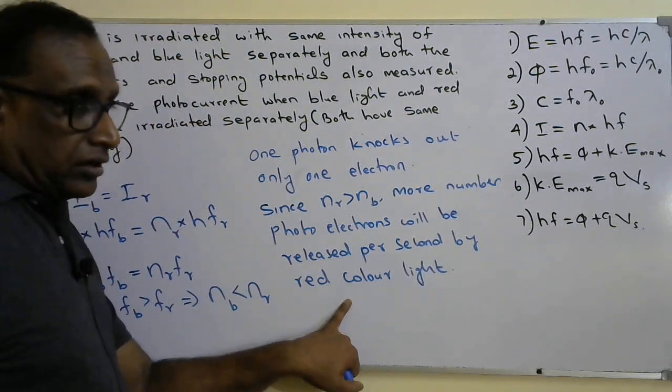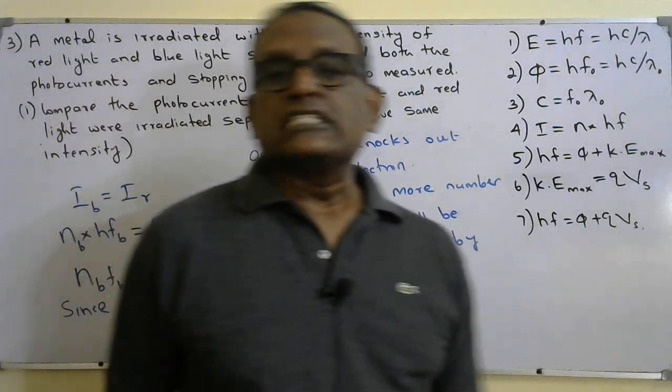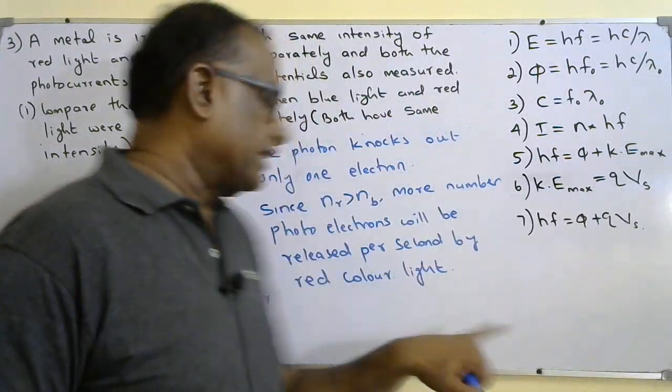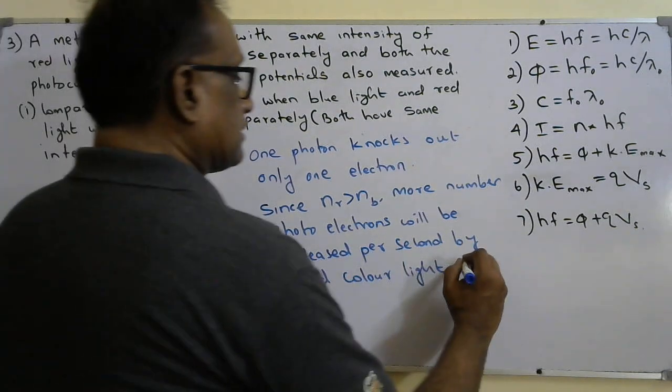So more electrons are released by red color light, meaning the rate of flow of electrons will be more for red color light.